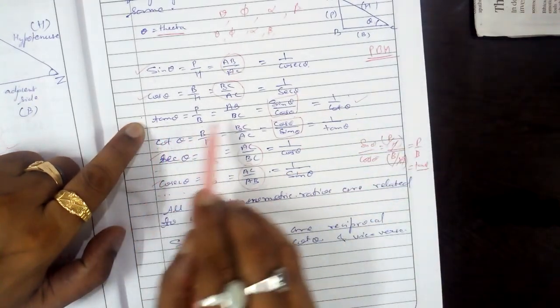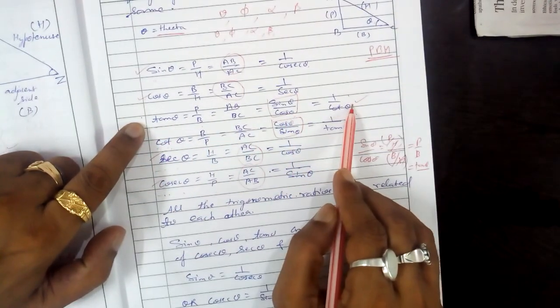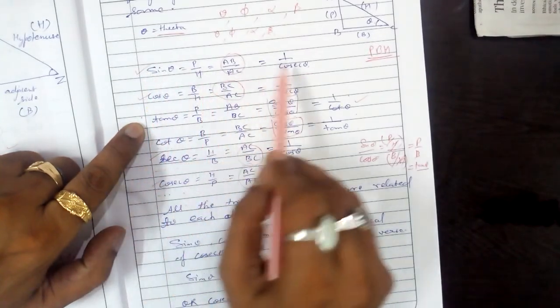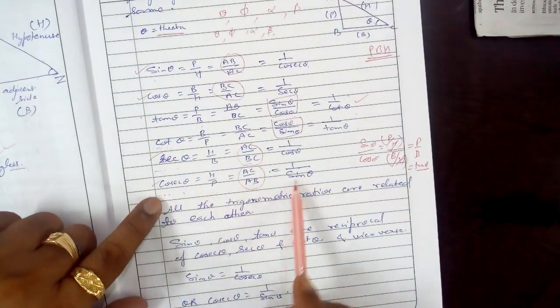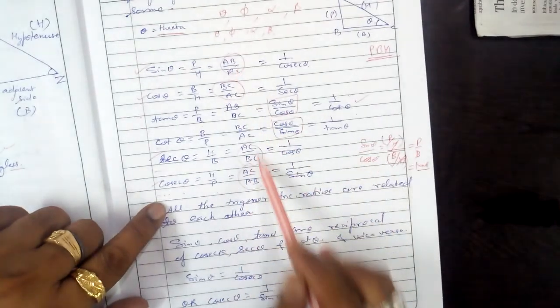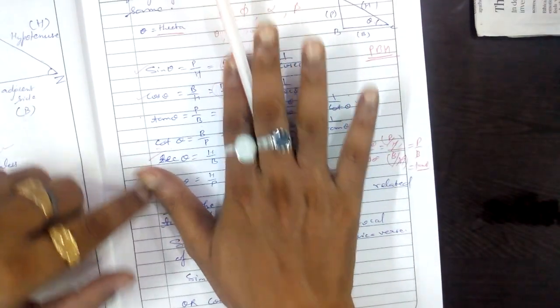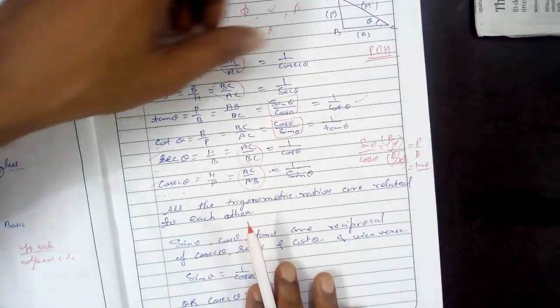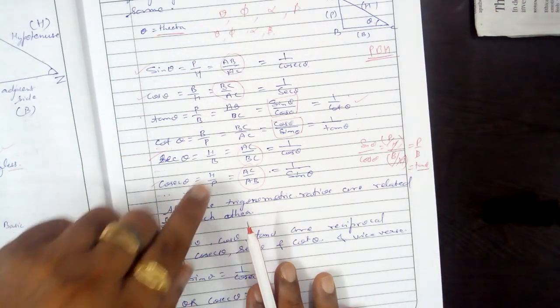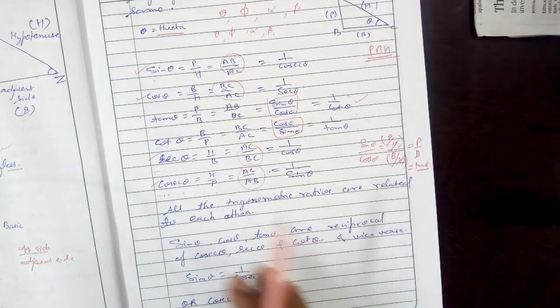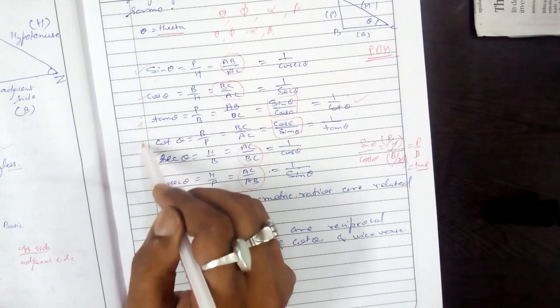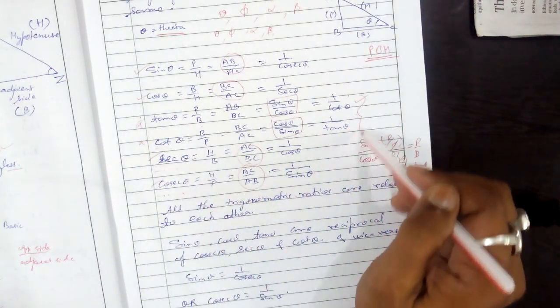Tan has four relations, but the others have only three. For sin you get P upon H and 1 upon cosec; cosec is H upon P and 1 upon sin. But tan and cot are the two where you get four relations.